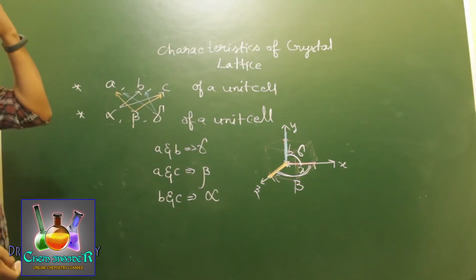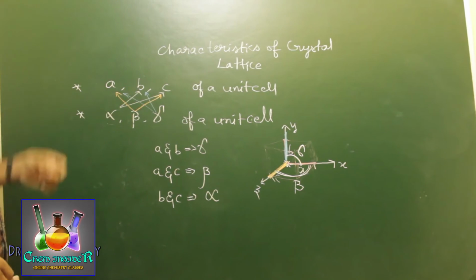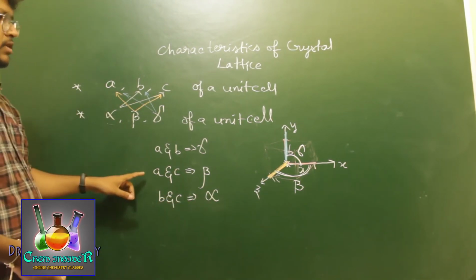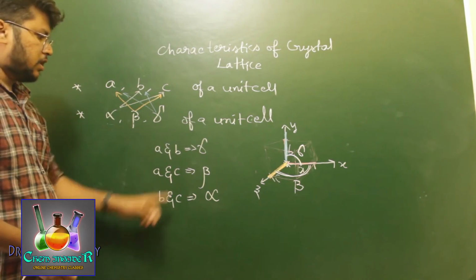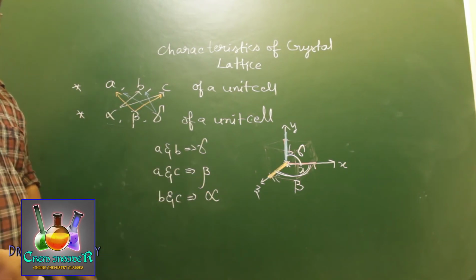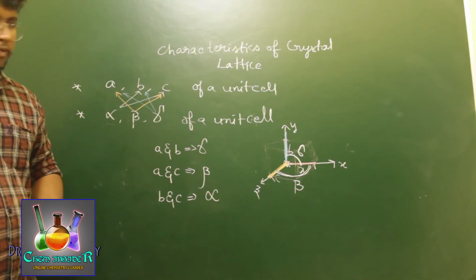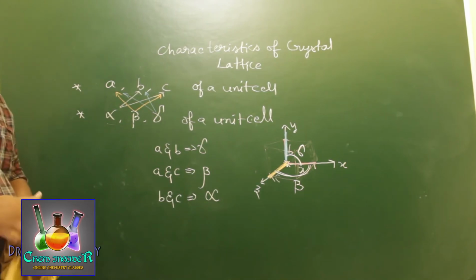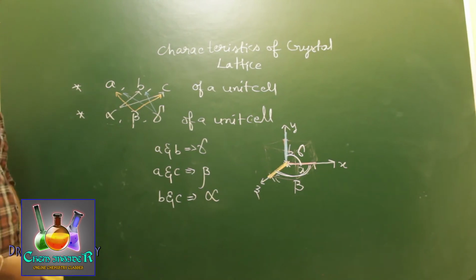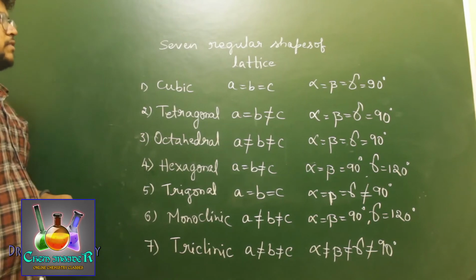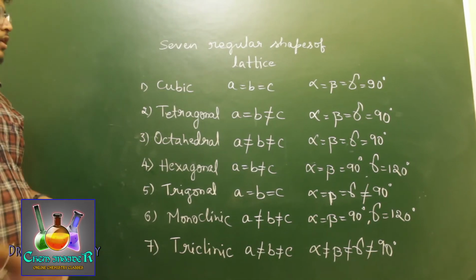The angle between A and B is gamma, the angle between A and C is beta, and the angle between B and C is alpha. You have to be sure about this because, according to these three edges and these three angles, we are going to arrange the 7 regular shapes of a crystal lattice. Now we are going to discuss the 7 regular shapes of a unit cell or a crystal lattice.